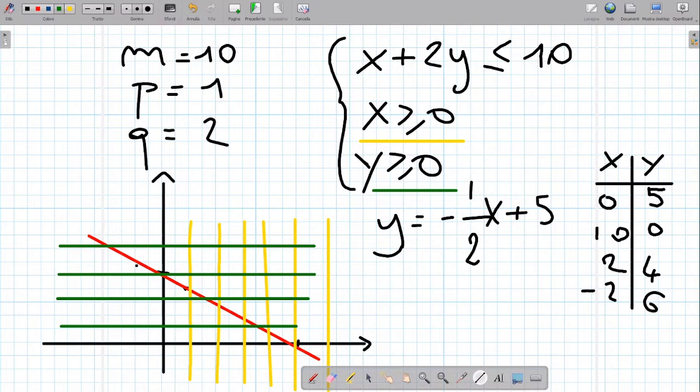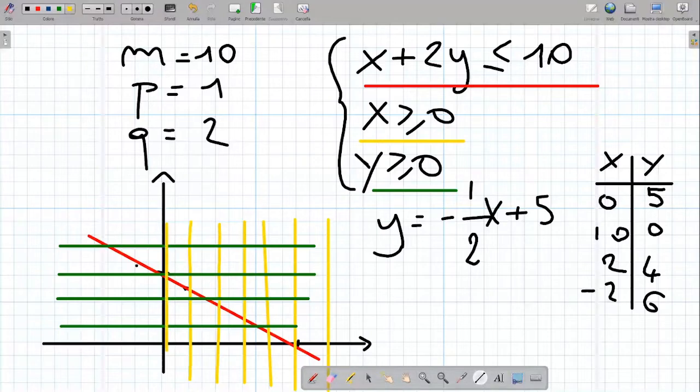Okay, and then the last one will remain. Oh, sorry, I haven't colored the axes, but actually I should, because they're equal. So I can also include the y-axis and the x-axis, right?